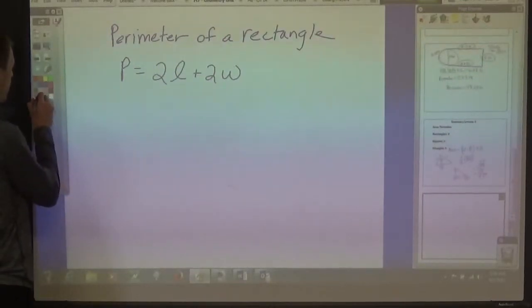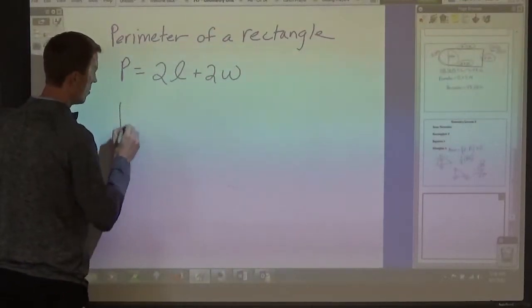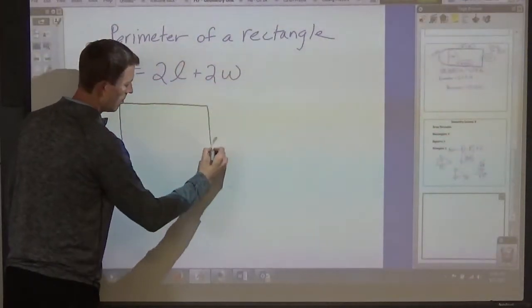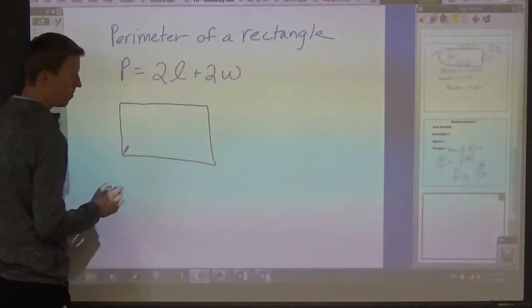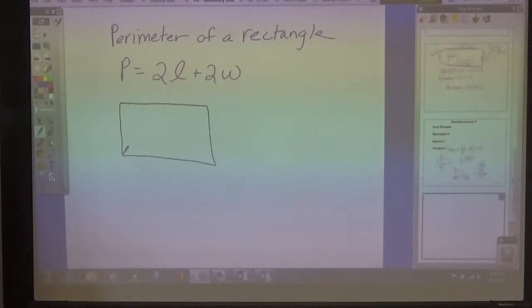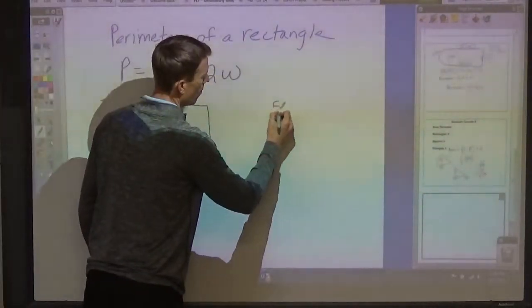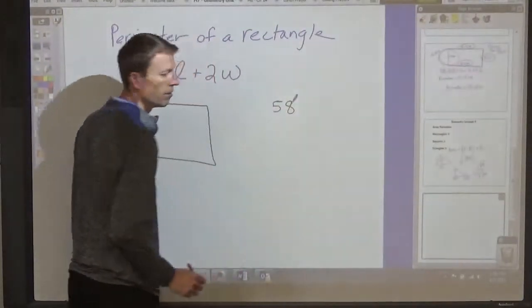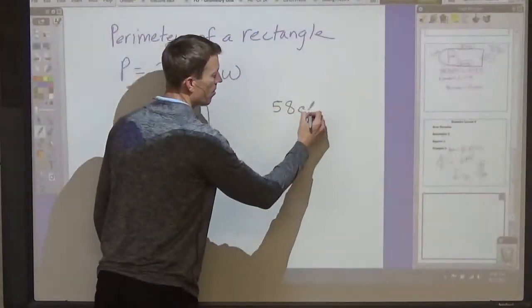And if we have a rectangle, and we know that it is 58 centimeters.